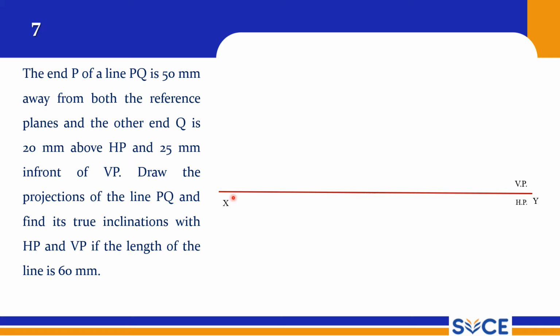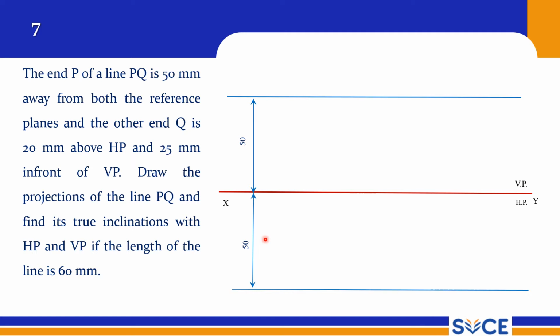It is XY reference line as usual, 50 above HP and 50 in front of VP. So this is the first point, that is the P point. So we get P dash here. So if we draw the projector a thin line, so on that line we get P here. So this is P and P dash. So this is the fixed point.